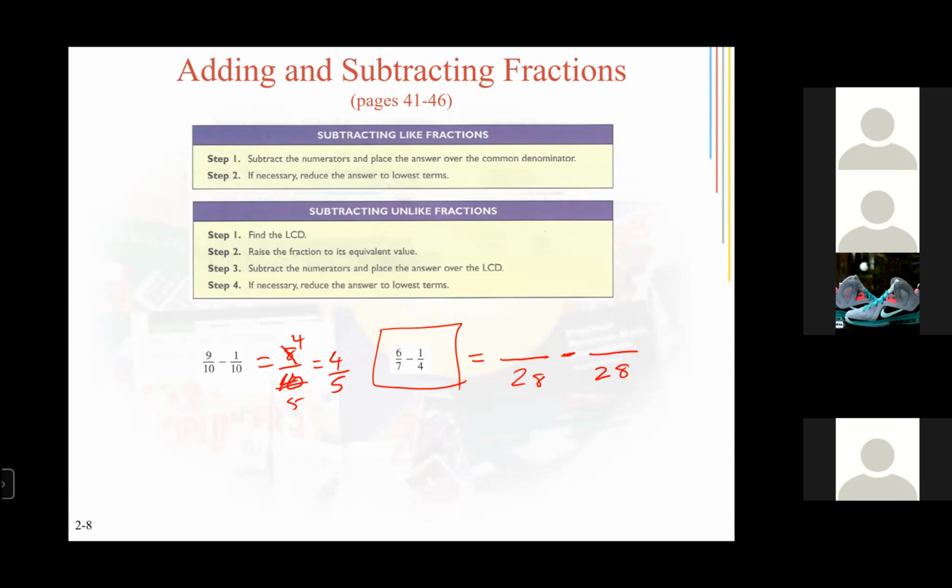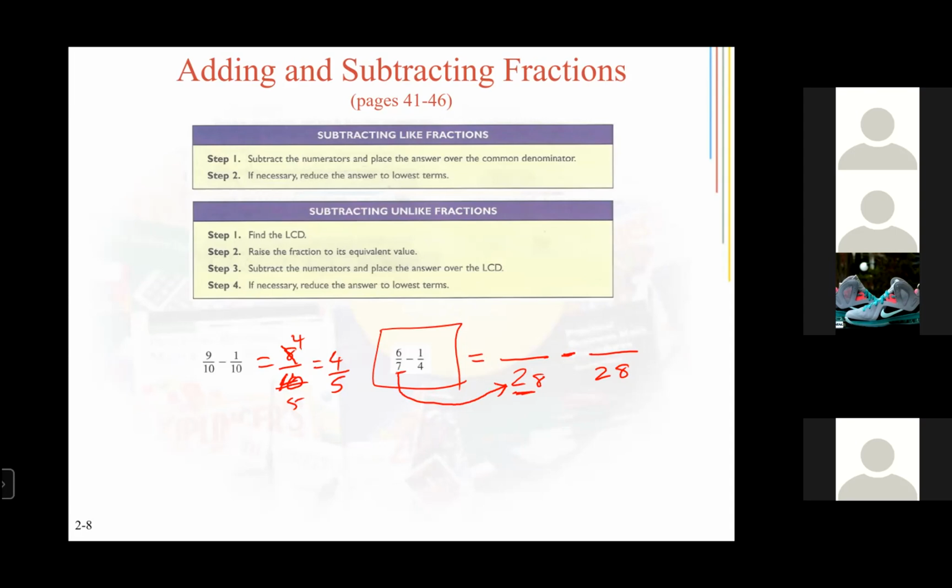So we're moving from 7 to 28. What is the factor there? If you go from 7 to 28, we're changing the denominator from 7 and making it 28. So 7 times 3 is 28.